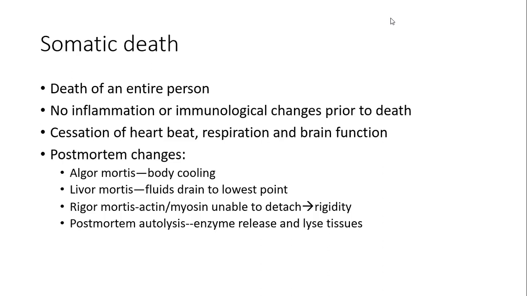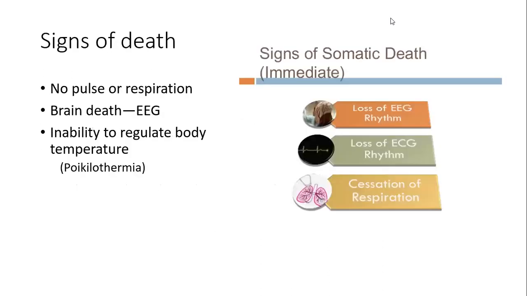And then finally, there's post-mortem autolysis, when the enzymes are released from the cells and the tissues deteriorate. So the signs of somatic death include no pulse or respiration, and no ECG, which reflects brain function. The body is no longer able to regulate temperature, which is called poikilothermia.